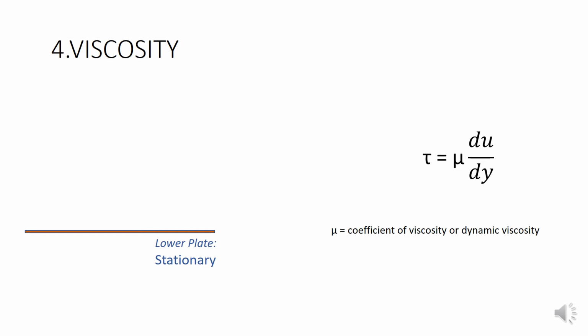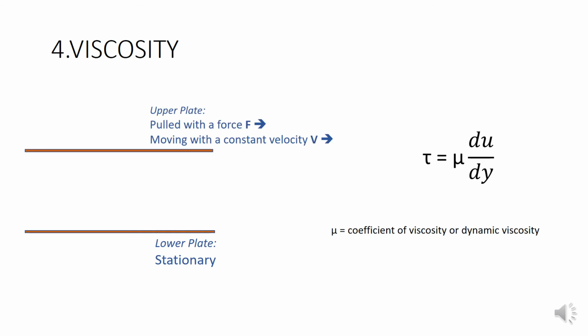In Newton's experiment, he had taken a lower plate which is stationary, and an upper plate which is moving with a velocity v. When it moves, the velocity of the fluid adjacent to the lower plate will be 0, and the velocity of the fluid adjacent to the top plate will be v. Let the distance between the plates be L. A fluid particle adjacent to a plate will have the same velocity as that of the plate.